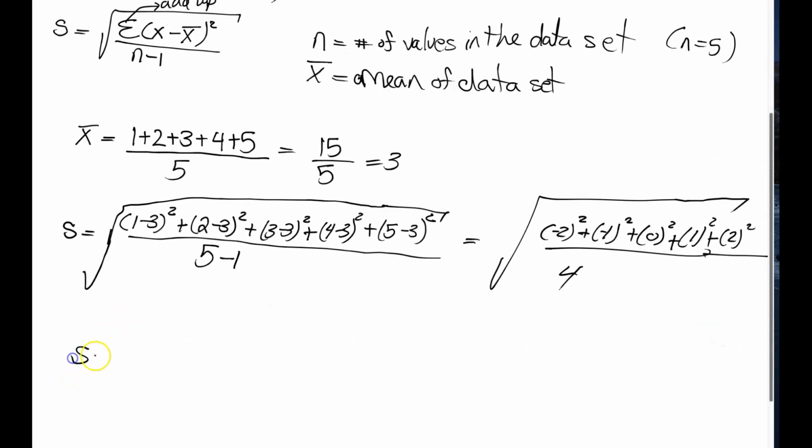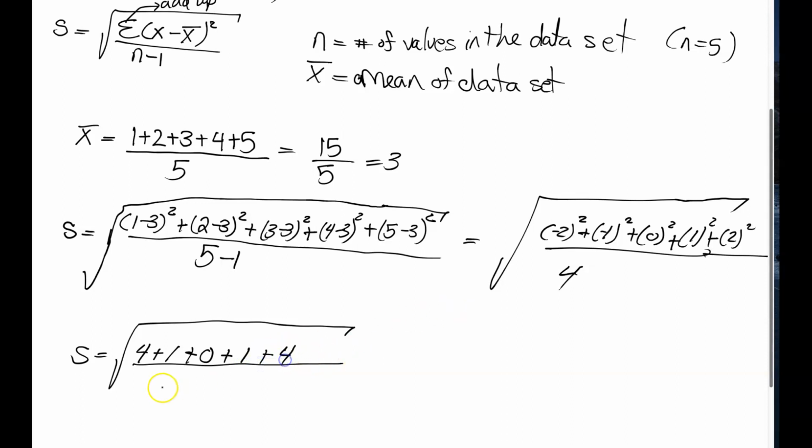So s is going to equal square root. Negative 2 squared is 4, plus negative 1 squared is 1, plus 0 squared is 0, plus positive 1 squared is 1, plus 2 squared is 4, divided by 4.